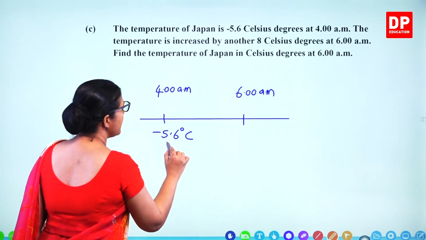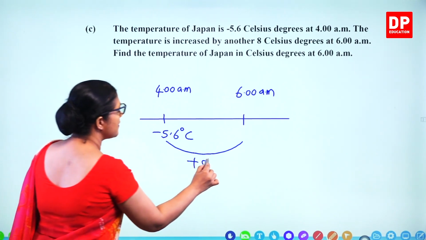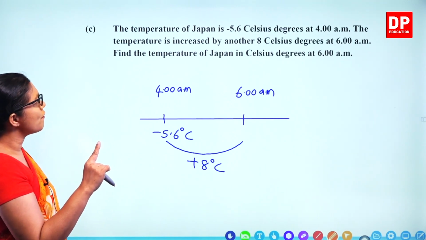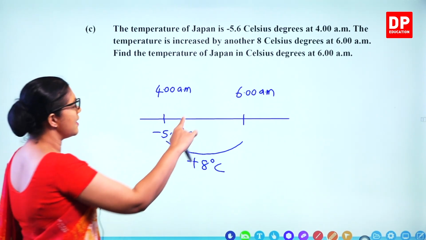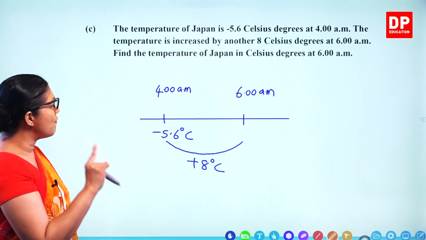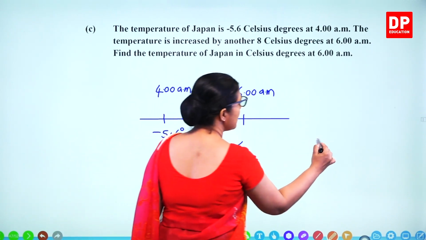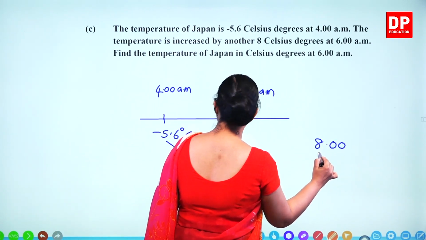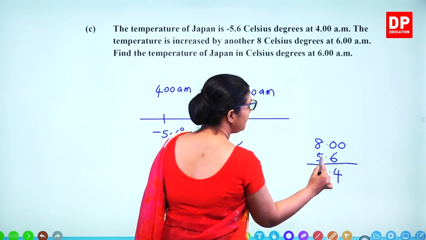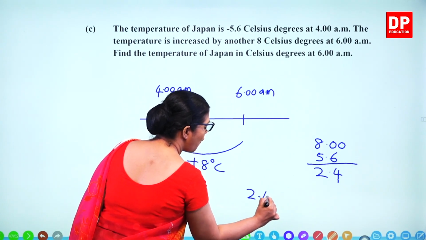This is increased. Plus 8. 8 degrees, it increased. Find the temperature of Japan in Celsius degrees at 6 a.m. So add 8. One is positive, one is negative. So you take the difference. 8 and 5.6. That's 2.4.